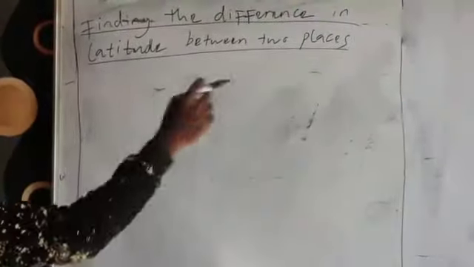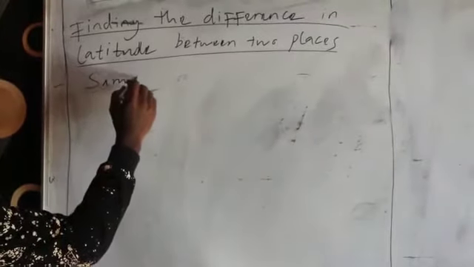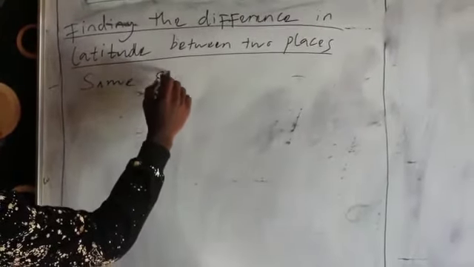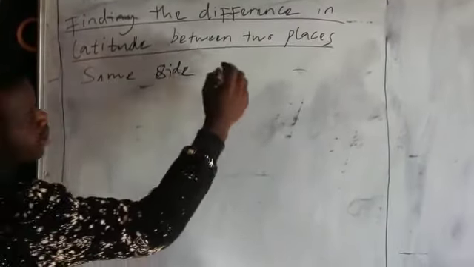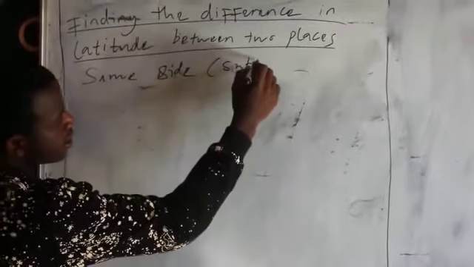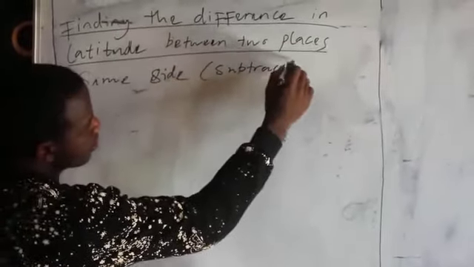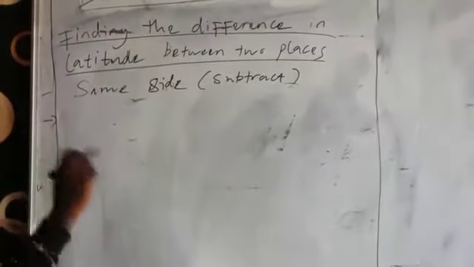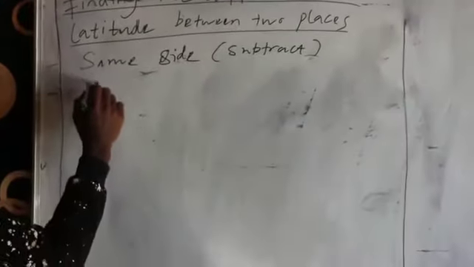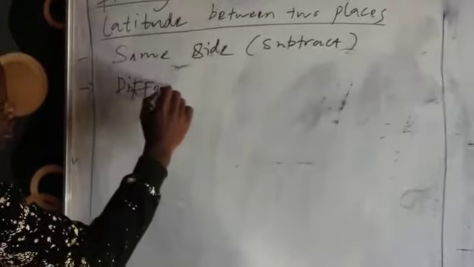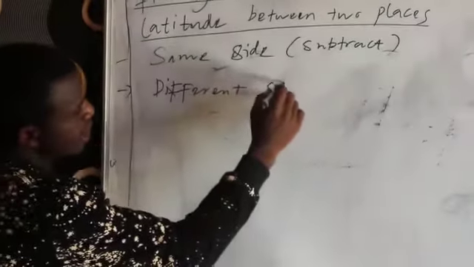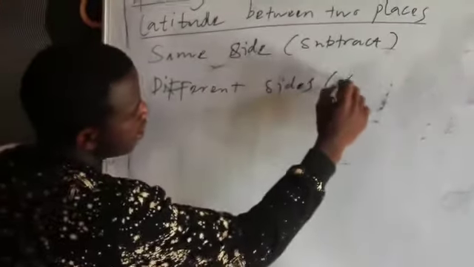So if these places are on the same side, you subtract. Then different sides, you add.